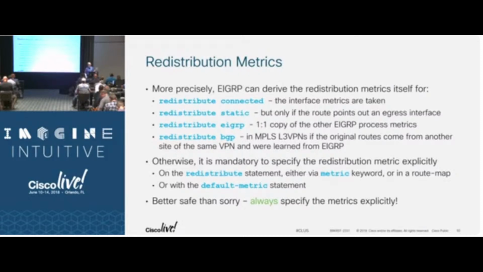So the idea is that the PE-CE protocol would be EIGRP between the CE and PE on the MPLS L3 locations, and if you do the EIGRP to BGP redistribution on one PE, BGP will automatically grab those metrics, put them into extended communities, and when you transport those routes to the far end PE and do the backward redistribution from BGP into EIGRP, those communities will be automatically, without you doing anything, used to reconstitute the original metric.